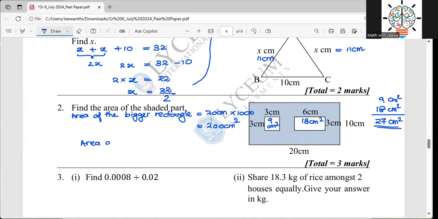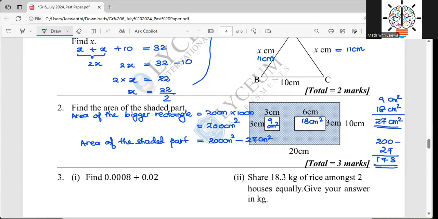We want to find the area of the shaded region. How do you get the area of the shaded part? Right? From the bigger rectangle, 200 centimeters squared, you deduct 27 centimeters squared, right? Then here what I do, 200 subtract 27. So 10 minus 7, 3. 9 minus 2, it is 7.